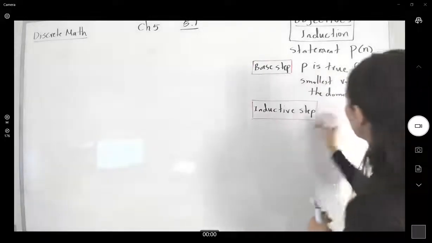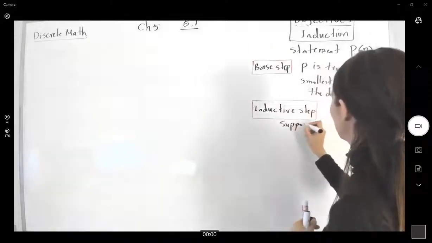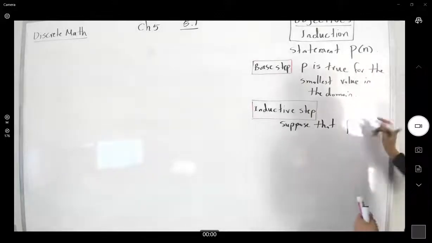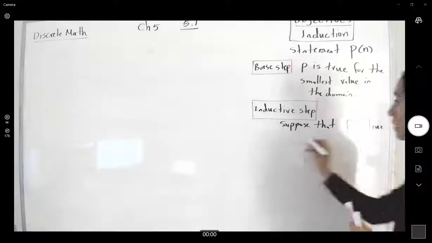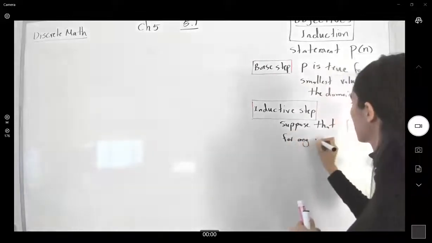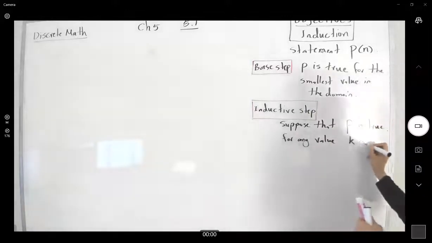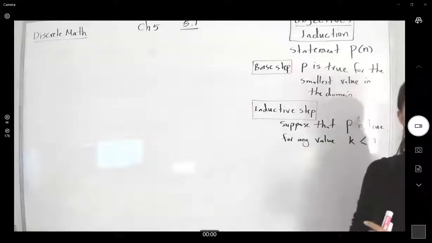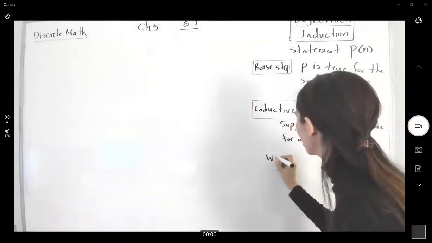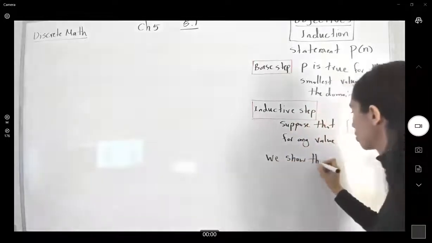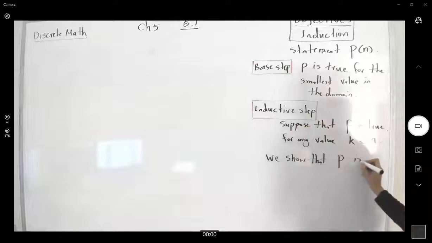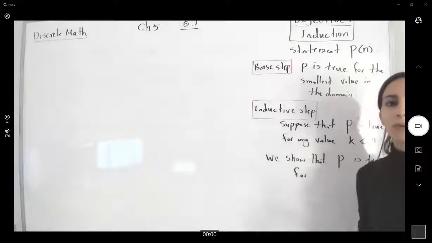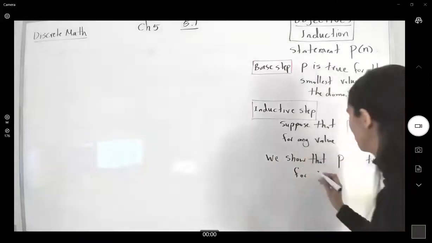Suppose that P is true for any value like k, which is less than or equal to n. We assume it is true. We have to have something to work with. We show, and this is your job, that P is true for the next number, which is k plus 1.